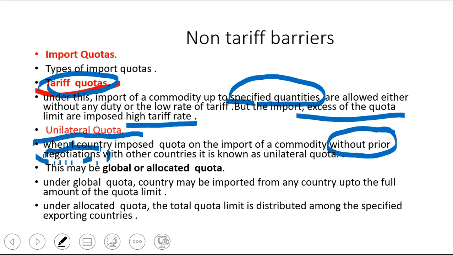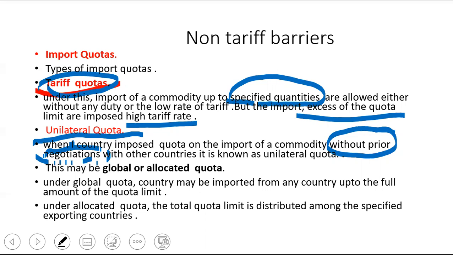I am repeating. Government of India is imposing quota, okay, from another country without having any negotiation.